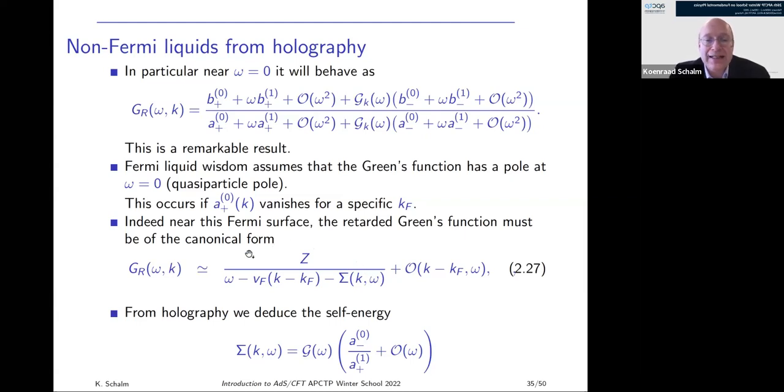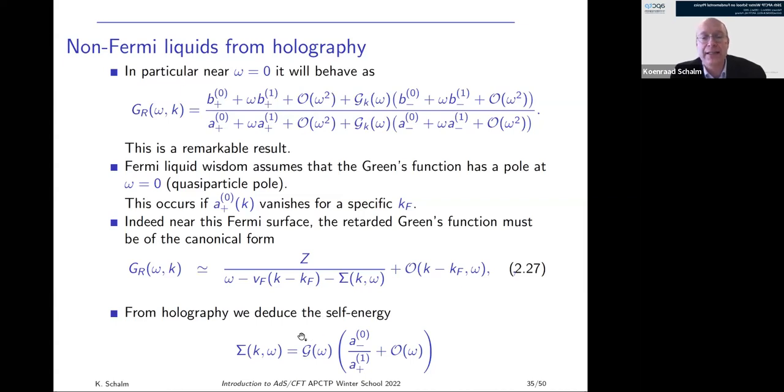But now I can compare this fully generic Fermi liquid wisdom, which is very generic because it just tells you that I should be able to write the Green's function in the following way. Here I have one function of omega and k, here I have another function of omega and k. It just makes the assumption that there is a peak near a specific value of k and a specific value of omega. Now I can relate this to this form that I extracted from the AdS/CFT calculation.